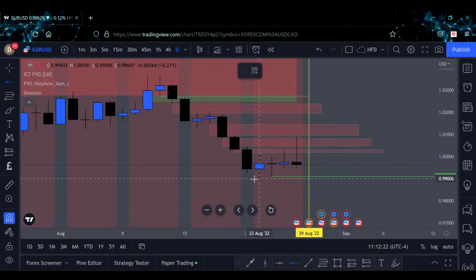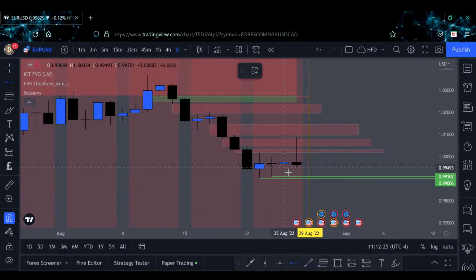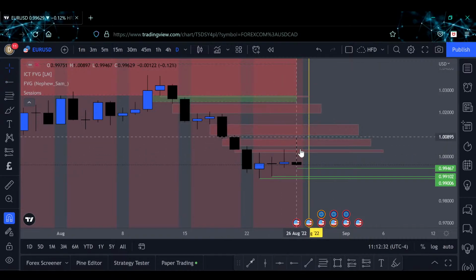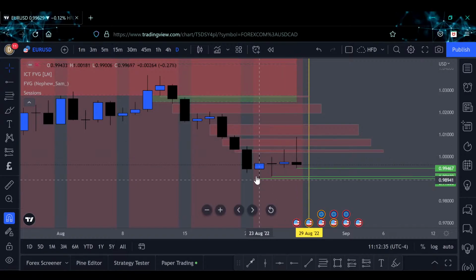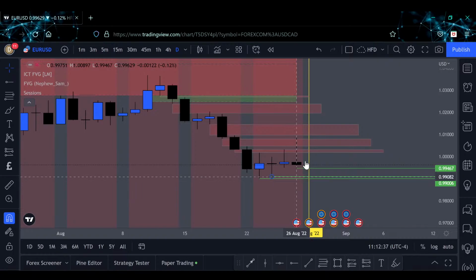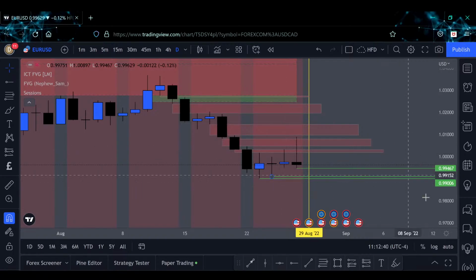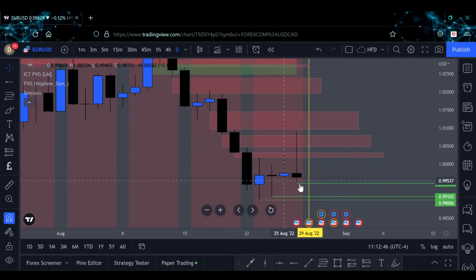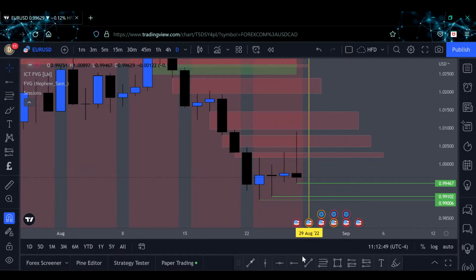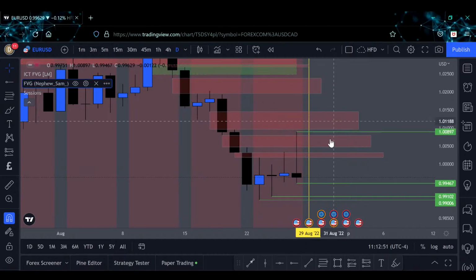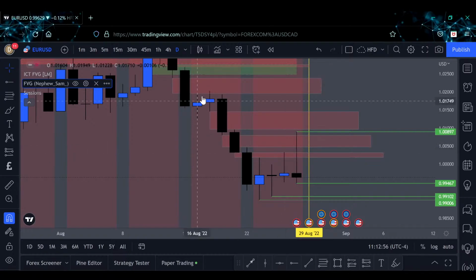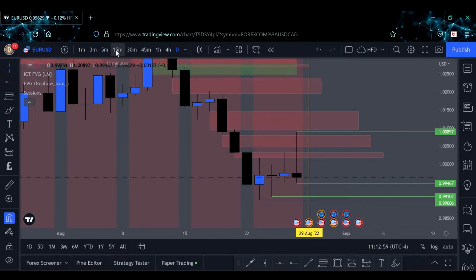Low here. That low's been taken. Fair value's been filled. So downside pressure is more likely, I would say, after filling this gap. It's taking that low already. Trapped it.